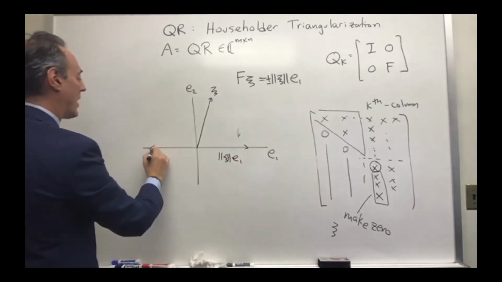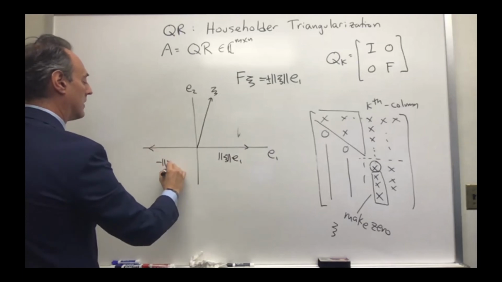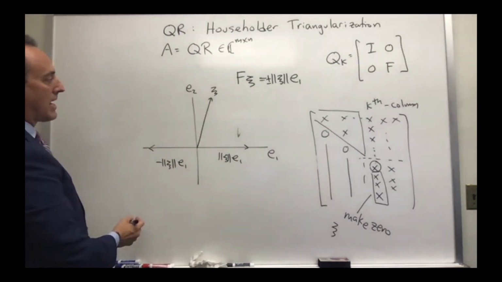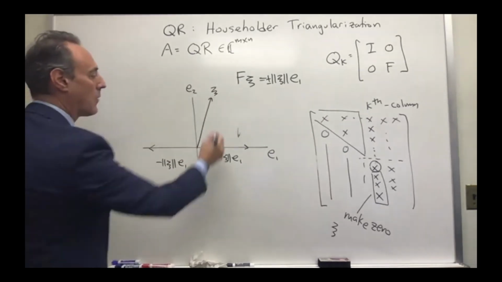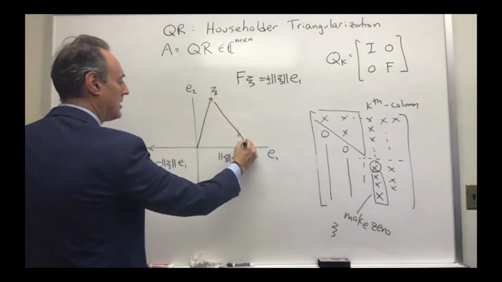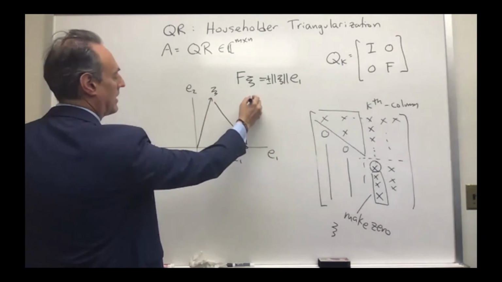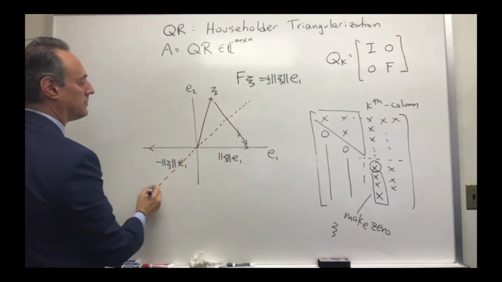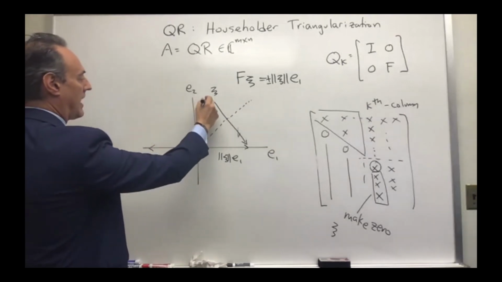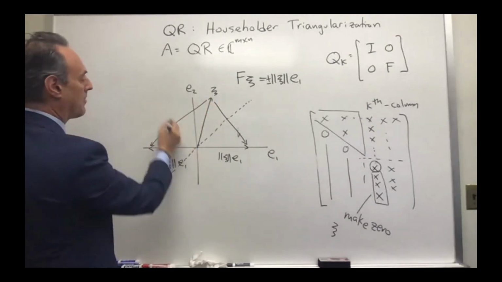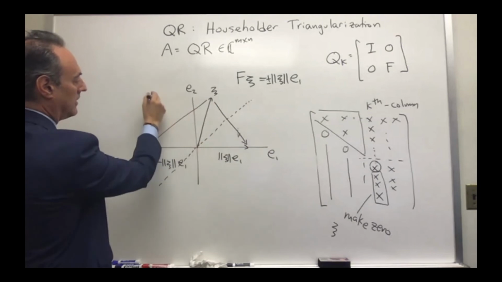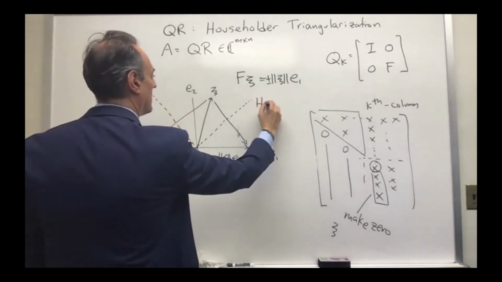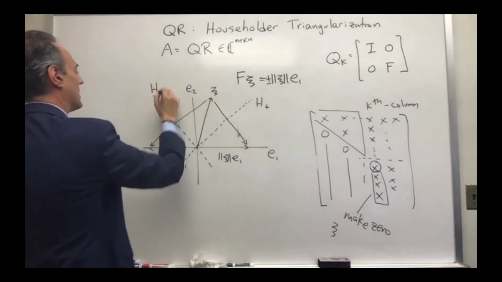Or I could go this way to minus. What's interesting about it is if I want to project down to here, my hyperplane separating it looks like this. However, I could, in fact, go this way. And then my hyperplane separating that is this. Let's call this H plus, H minus.